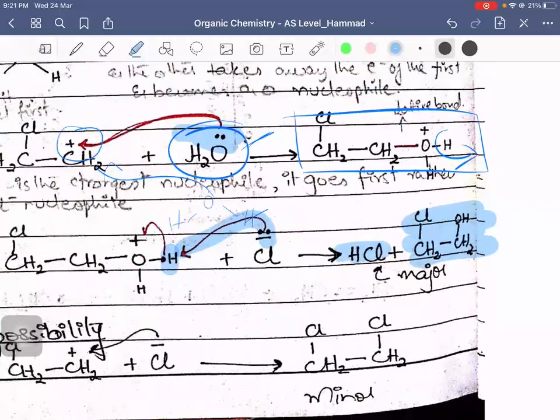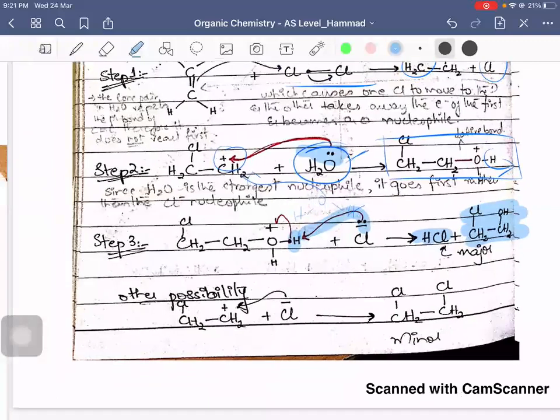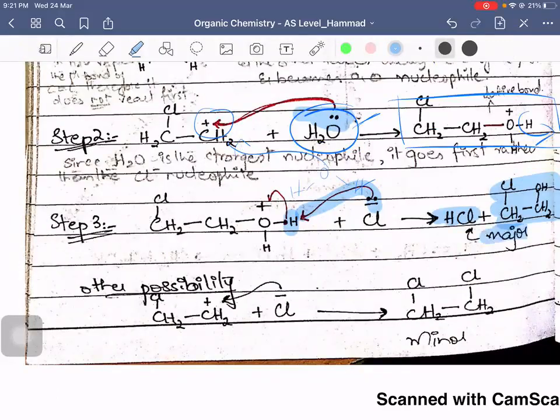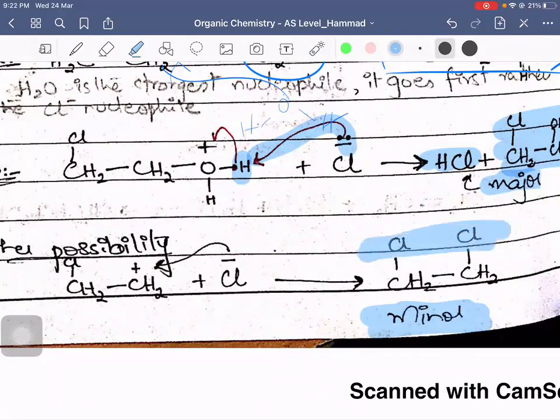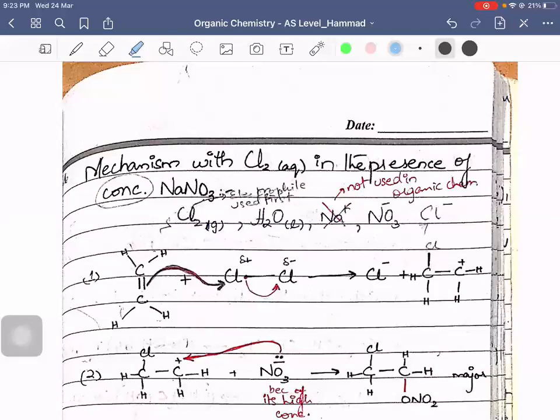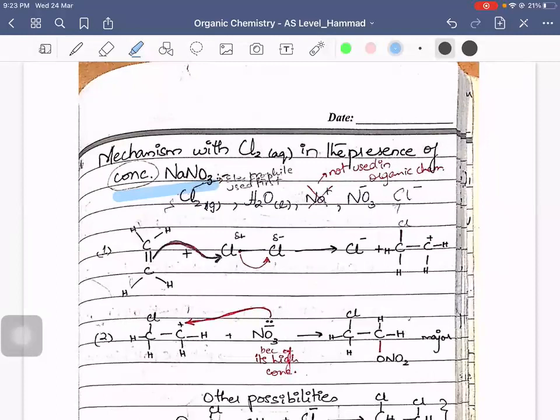Please understand that in the container there are a large number of molecules. So if chloroethanol is in major quantity, there is a minor quantity as well. There is a chance that this is made as well, simply by the fact that chlorine will attack the positive molecule. Mechanism of chlorine aqueous in the presence of concentrated NaNO3. Again, step one will stay the same.